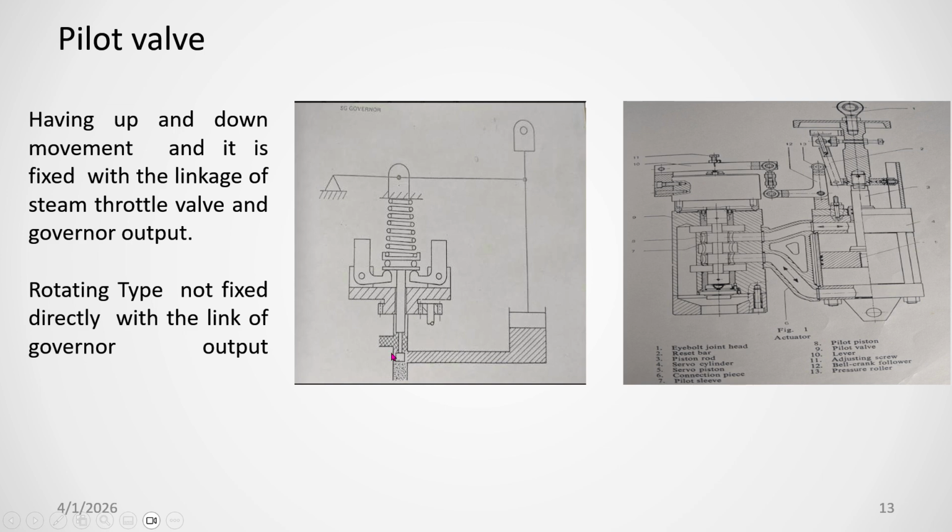Again, this will block the oil flow. It will push it down, so it will again block this oil and arrest the drain from this to this. So accordingly, the servo power piston will take the new position.